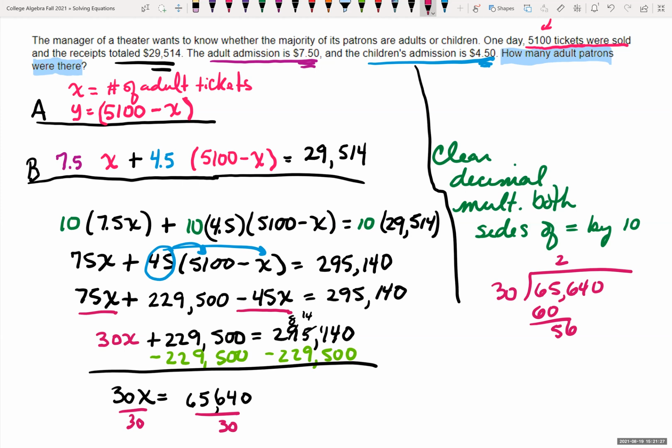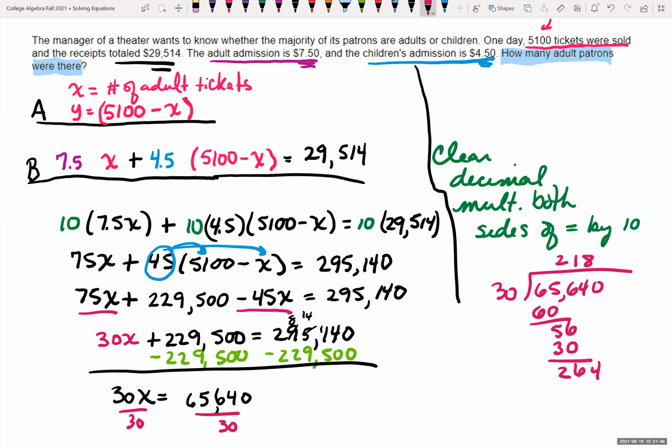So 30 goes into 56. It goes in there about once, 2 times is too much. So 56 minus 30 is 26. Bring down our next number, 4. 30 goes into 264. Well, 3 goes into 26 about 8 times, so I'm going to try 8.